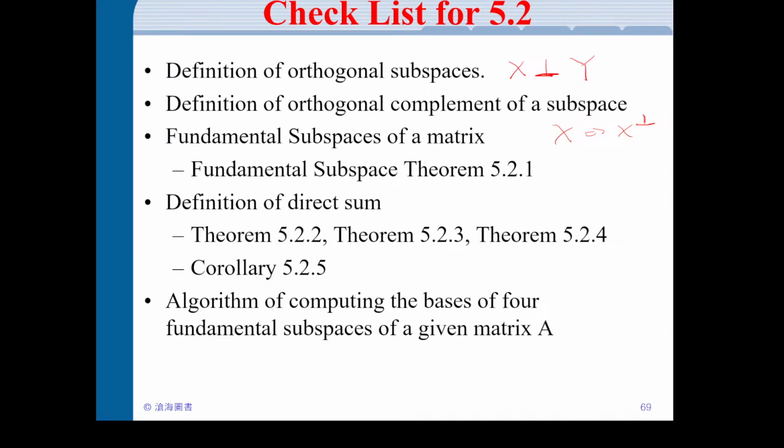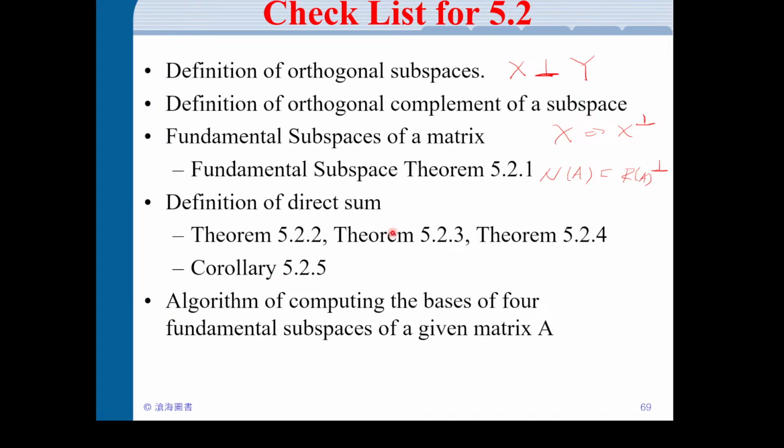And we have the fundamental subspace theorem. We have a whole bunch of theorems. So 5.2.1 says that the null space of A is equal to the orthogonal complement of the range of AT.